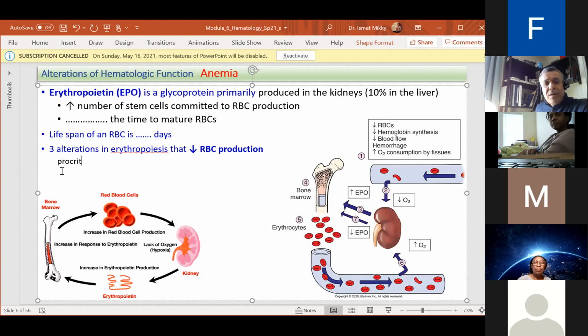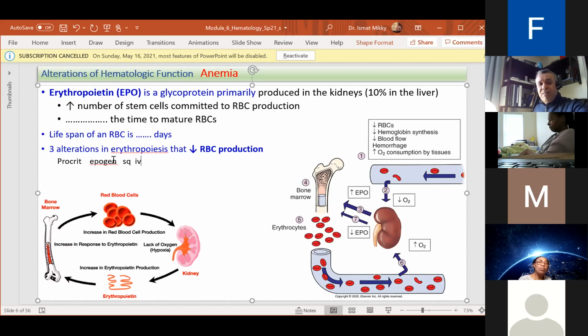Yeah, Procrit or Epogen. These are all brand names for the EPO, erythropoietin. Patients will receive this either sub-Q or IV.